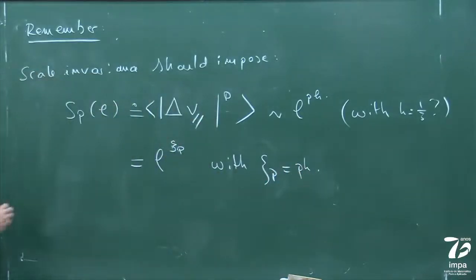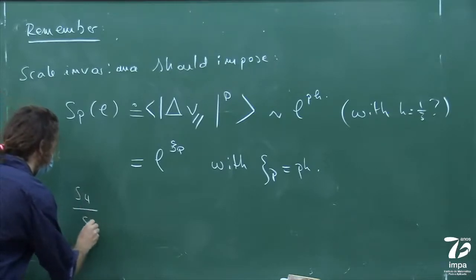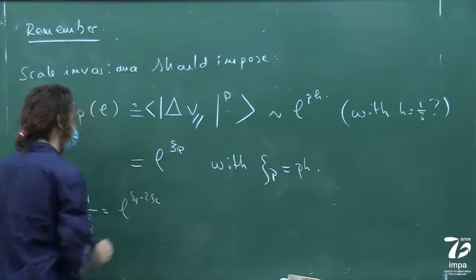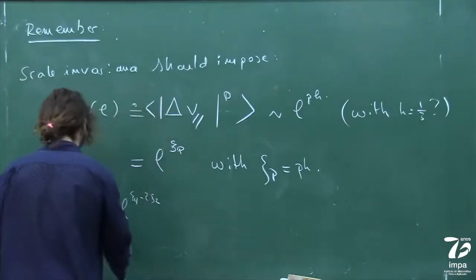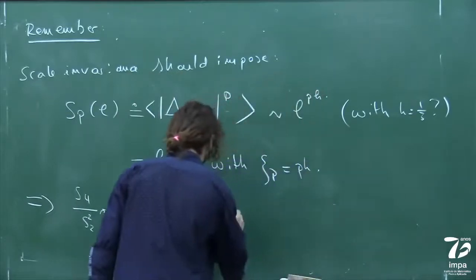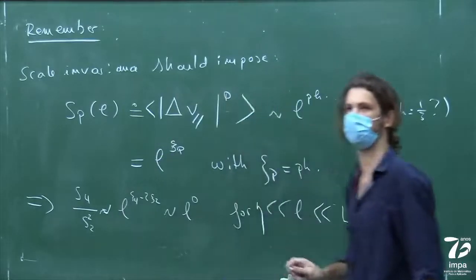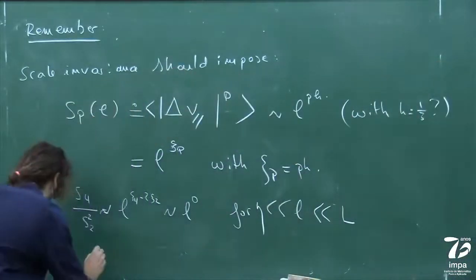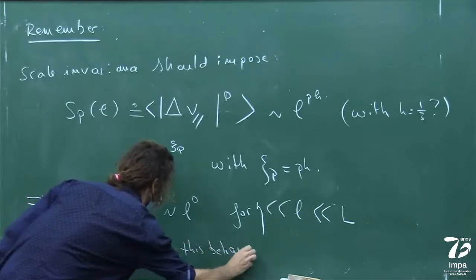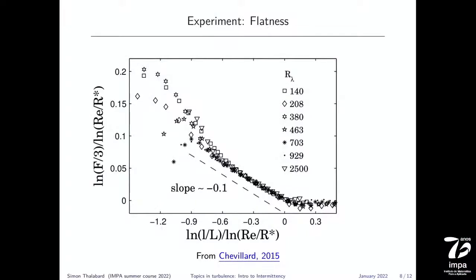In particular, it imposes that, for example, S4 over S2 squared is equal to L to the power psi 4 minus 2 psi 2, which should be independent of the scale L. Now we know where to look, between L and eta. Okay. Do we see this behavior?